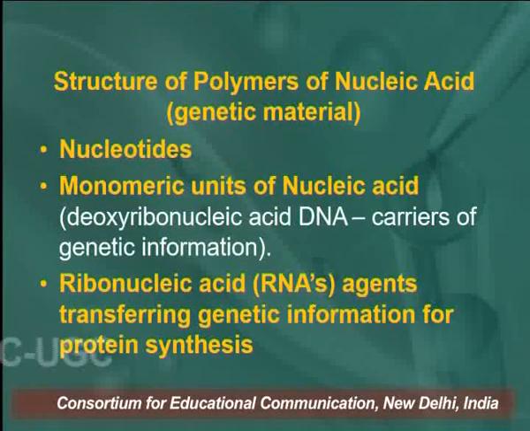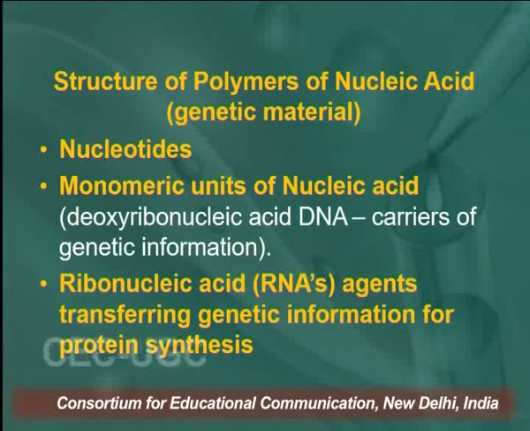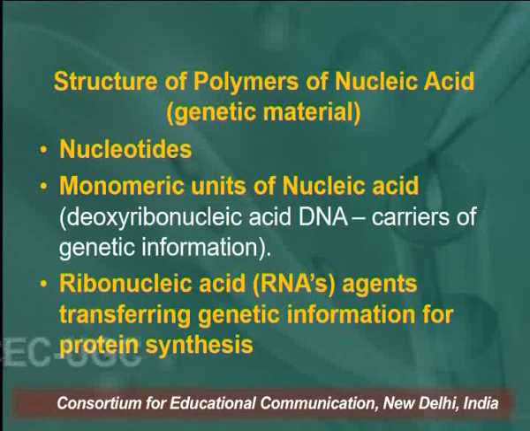Now, structure of polymers of nucleic acids. What is the structure of nucleic acids? Learners, nucleic acids are polynucleotides, and nucleic acids are the genetic material of all living organisms.